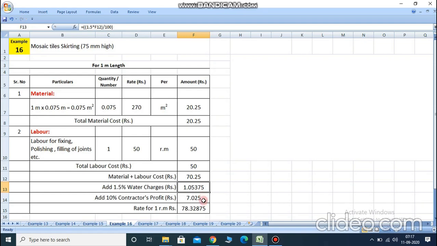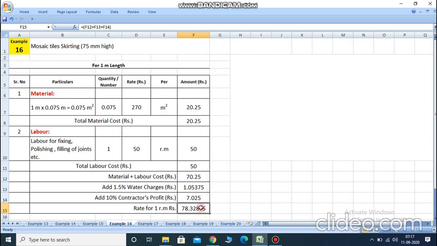And now the summation rate for 1 running meter is 70.25 plus 1.053 plus 7.025.